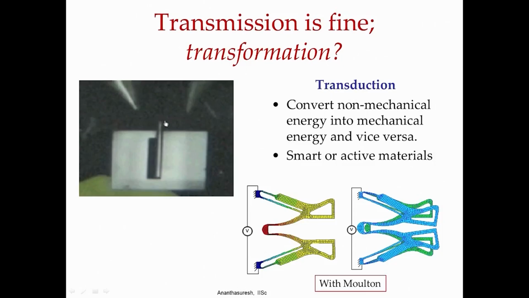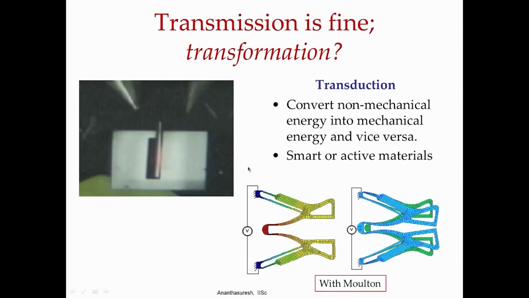Here there are two electrodes. When we apply electric potential between them, you will see what happens. So, it is getting hot, it is also moving. It is an electrothermal actuator, which if I put it in a slightly different form, I get a gripper with embedded actuation.